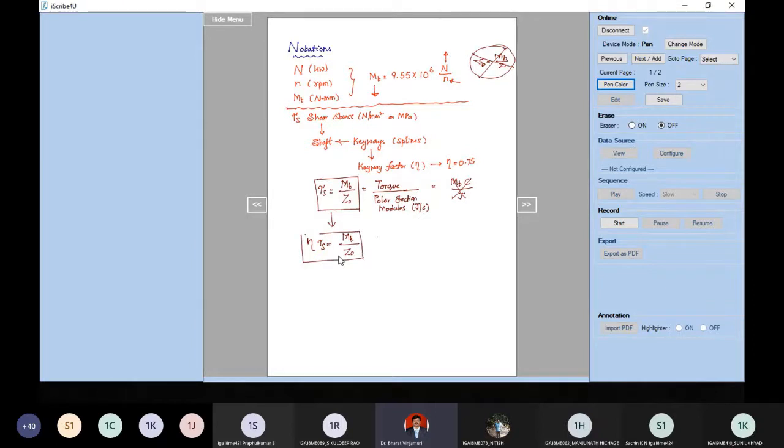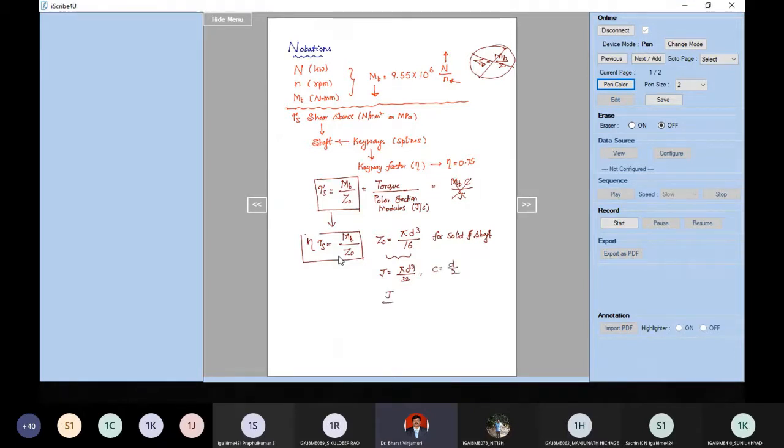Now in this case, Z0 is equal to pi d cube by 16 for a solid shaft. For a solid shaft, the polar section modulus is nothing but pi d cube by 16. Here is how I got this: J is equal to pi d power 4 by 32, and c is equal to d by 2, that is the radius.